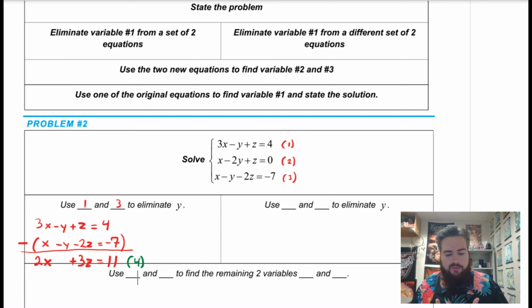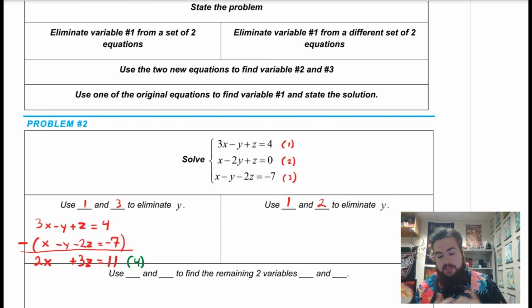I already did 1 and 3, so I can either do 1 and 2 or 2 and 3. Again, it is up to you. I like equation 2 there because it does have a 0 for the constant, and I'm going to choose equation 1. Not for any particular reason, it's really up to you. I only chose that really because the constant term for the first equation is positive. That's maybe my only inkling there.